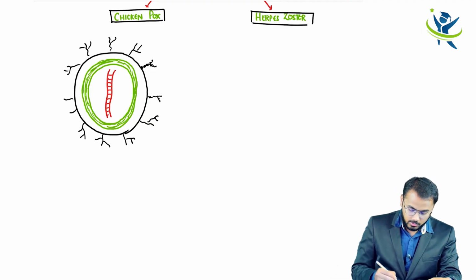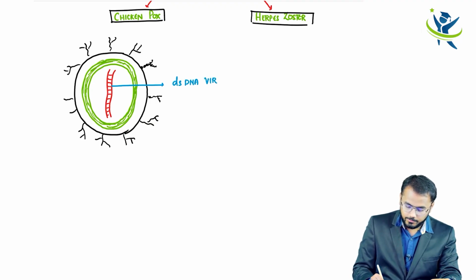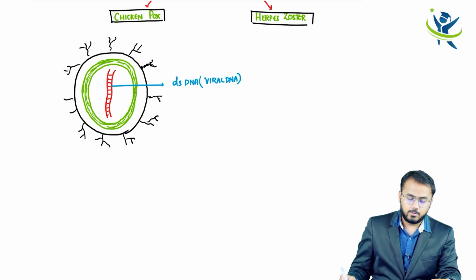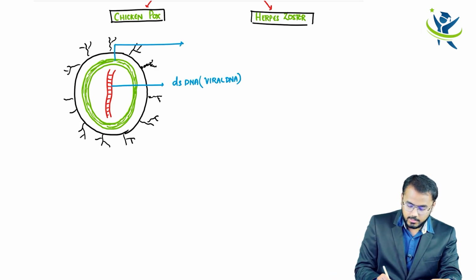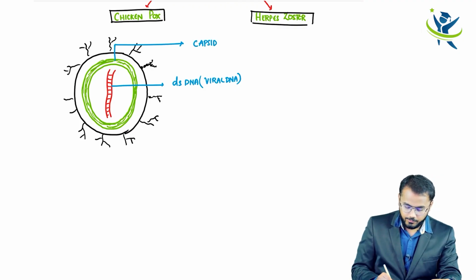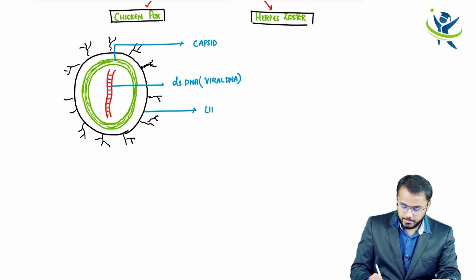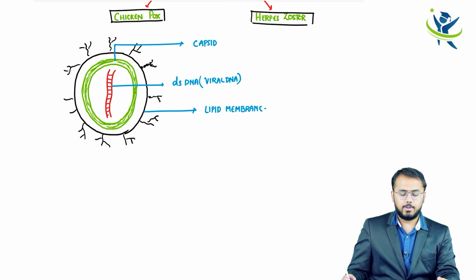So this is your double stranded DNA, that is your viral DNA. This green one is your capsid, and finally this is your lipid membrane.